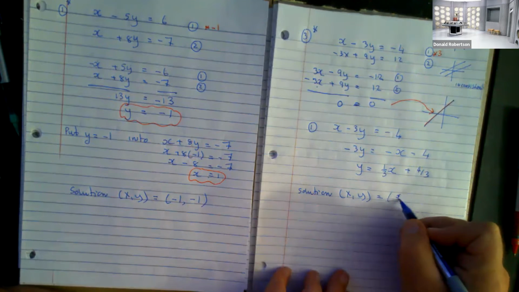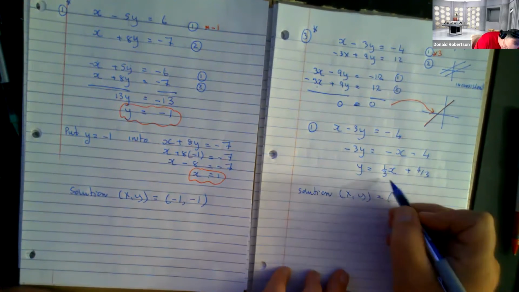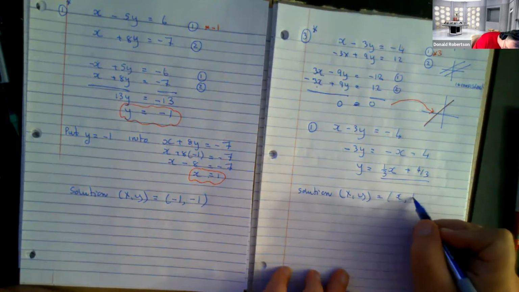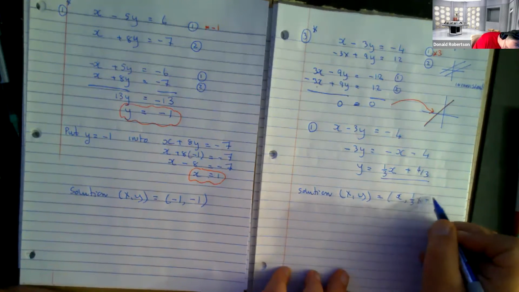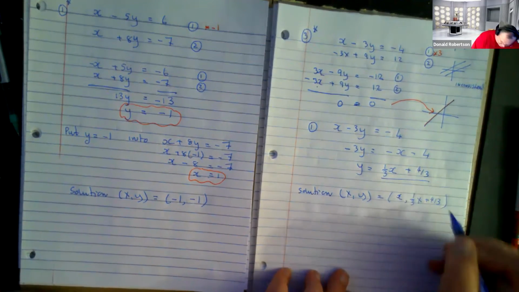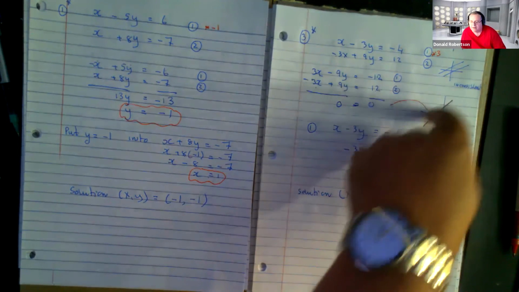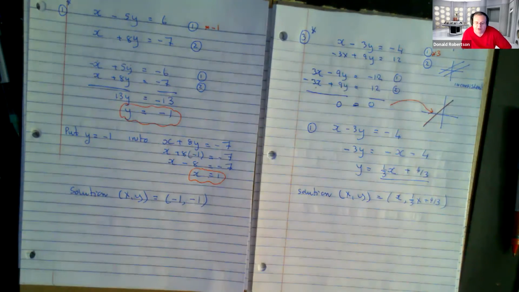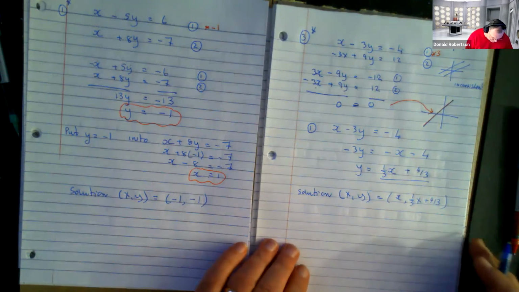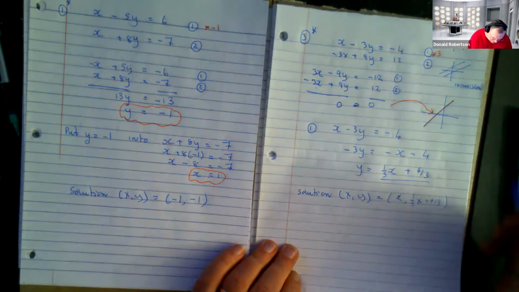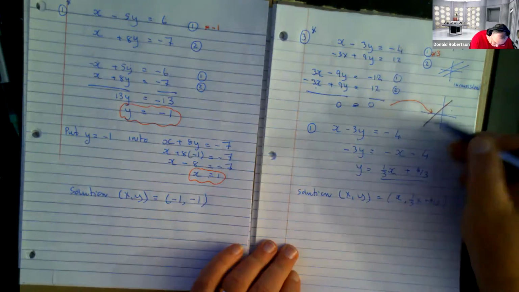It will be y equals, always in terms of x, that guy. And when you write that down, you're basically saying that the solution is any point on that line, because all the points on that line work. So that is an example of the third situation, right? Both lines are the same.